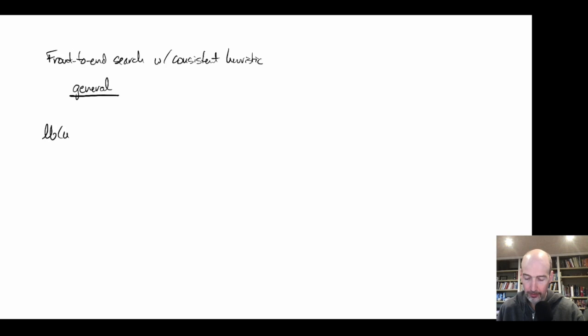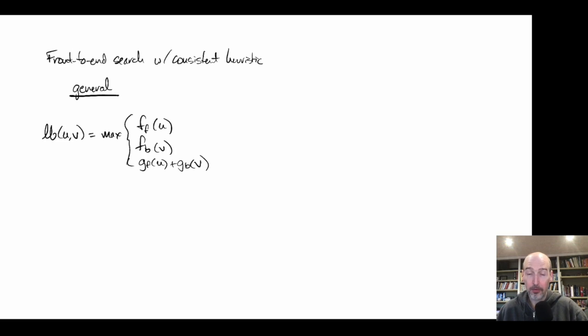The lower bound of a pair of states u, v was equal to the maximum of a couple of different things: the f forward of u, the f backwards of v, and g forward of u plus g backwards of v. And given no additional information, so this is the only information I have, this is the best that I can do.